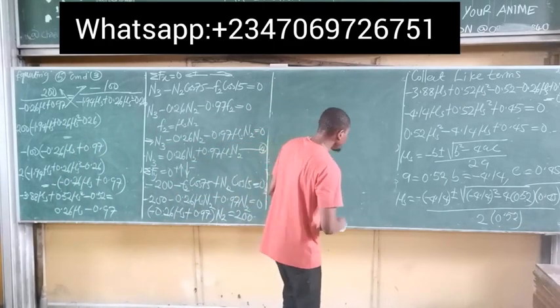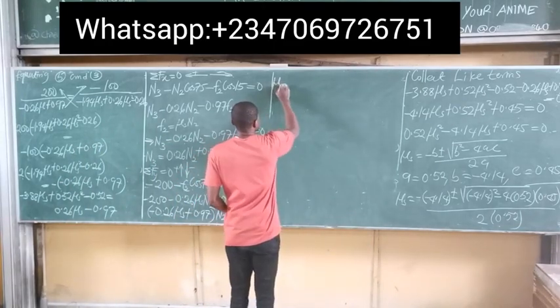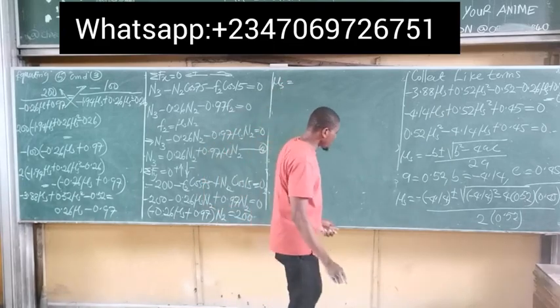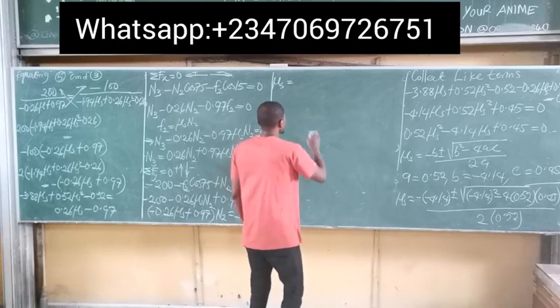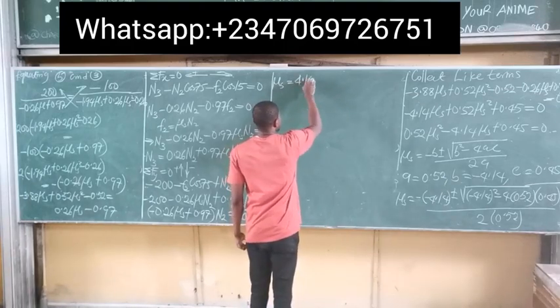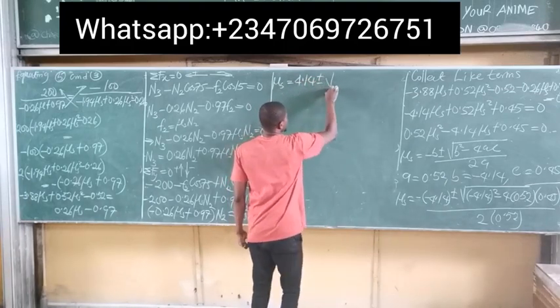Okay, so mu x is now equal to, take note, minus 4.14 becomes positive. So I'll simply have 4.14 plus or minus the square root.